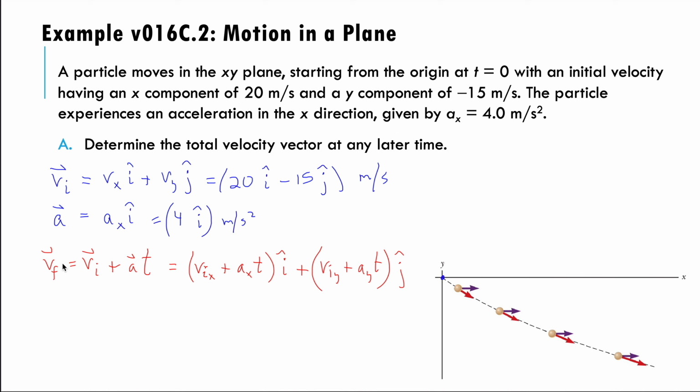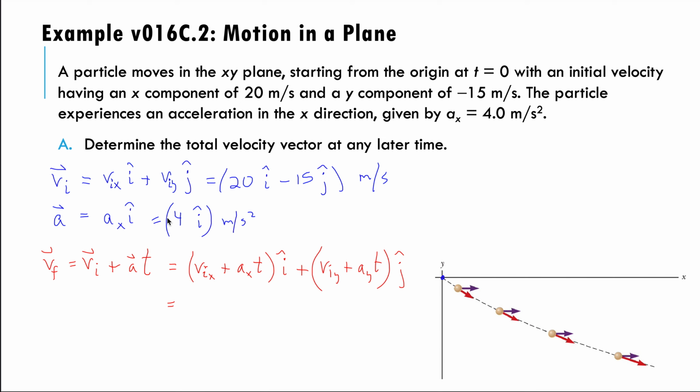Remember, a vector can be written in unit vector notation by just separating the x and y components like this. So now just plug in everything that we know. I actually should have put v initial here. I forgot to do that.